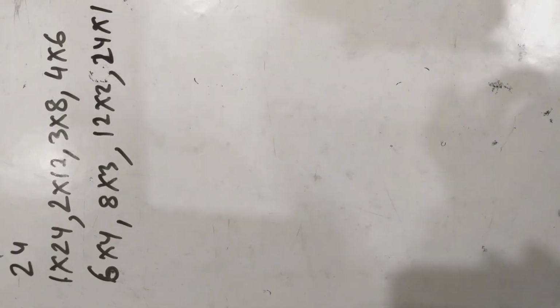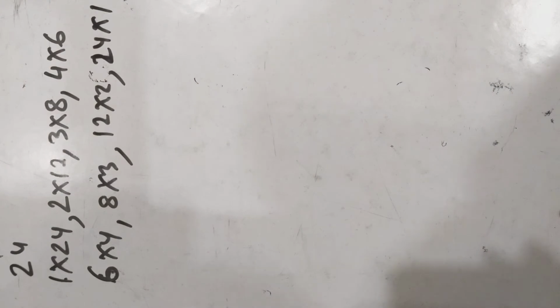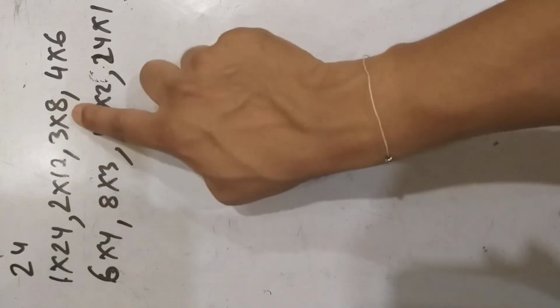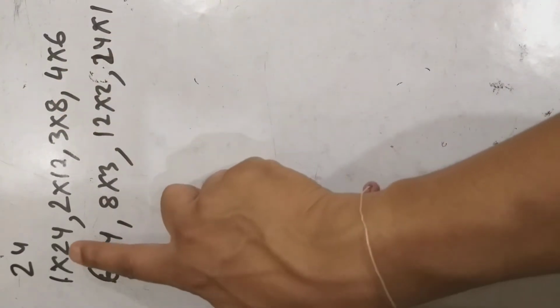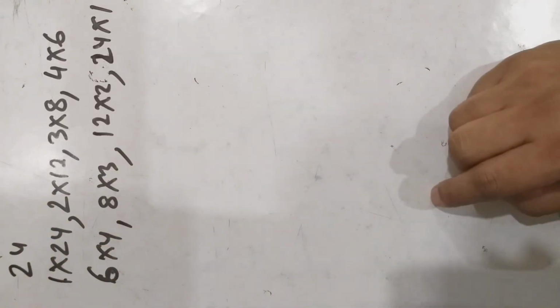So there are 8 possible ways with which you can arrange numbers in a matrix, and these are called the orders. This is one row and 24 columns, the order of the matrix.